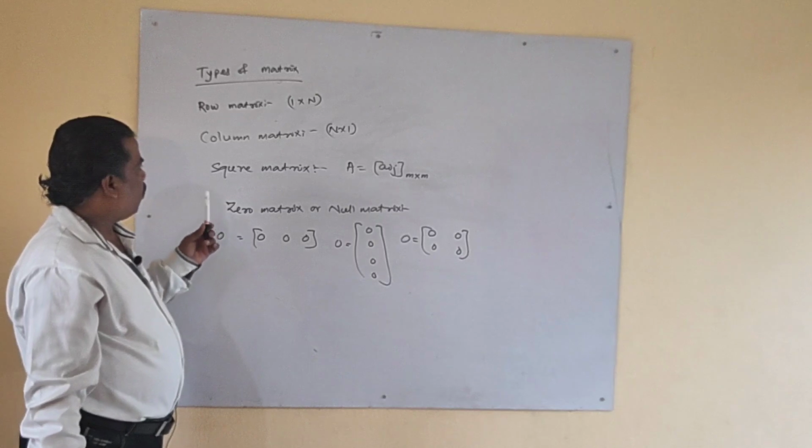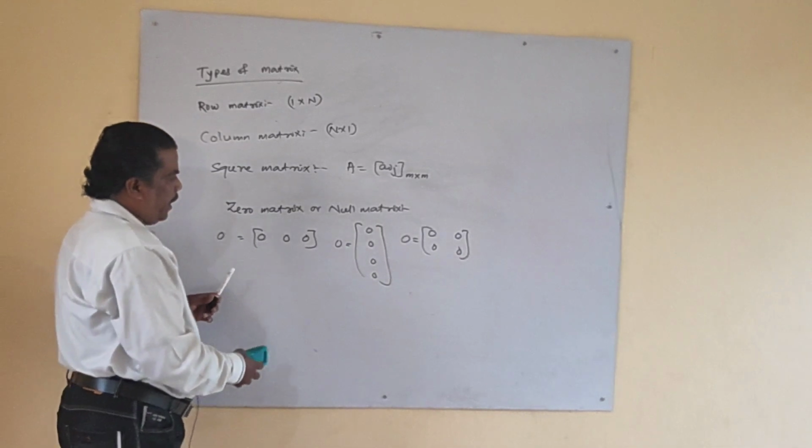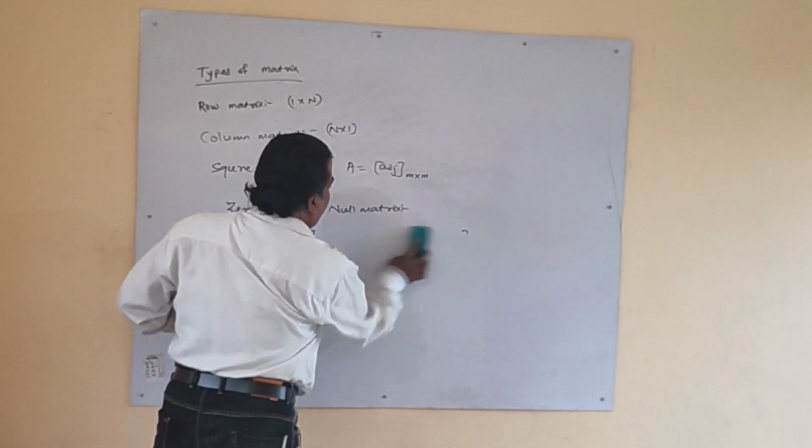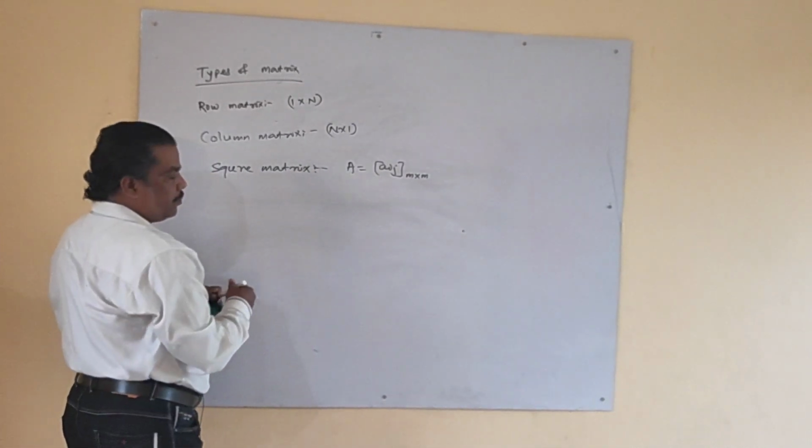So we know the row matrix, column matrix, square matrix, zero matrix. Next, the diagonal matrix.